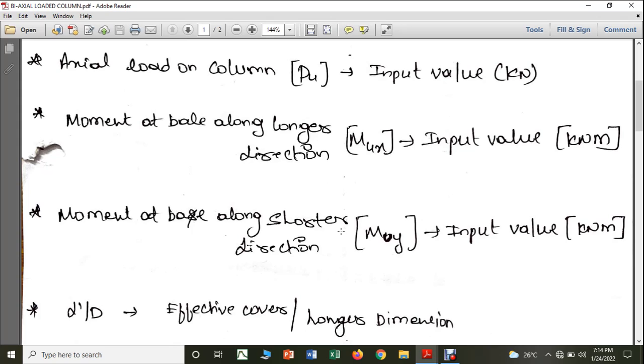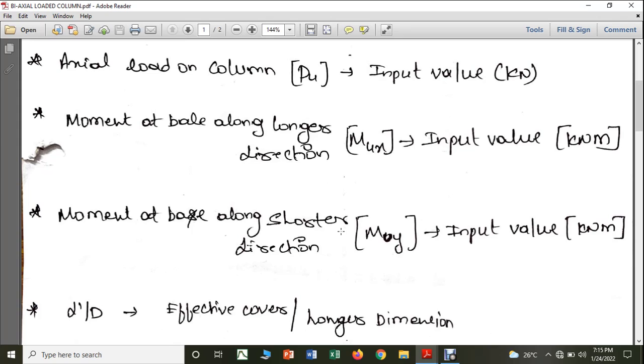Now, once you have these three values, then assume the effective cover to the column, that is d dash. Here you are supposed to find the d dash value two times. If you see the design of the uniaxial loaded column, based on how the column is going to bend, your d dash by D value used to be considered.